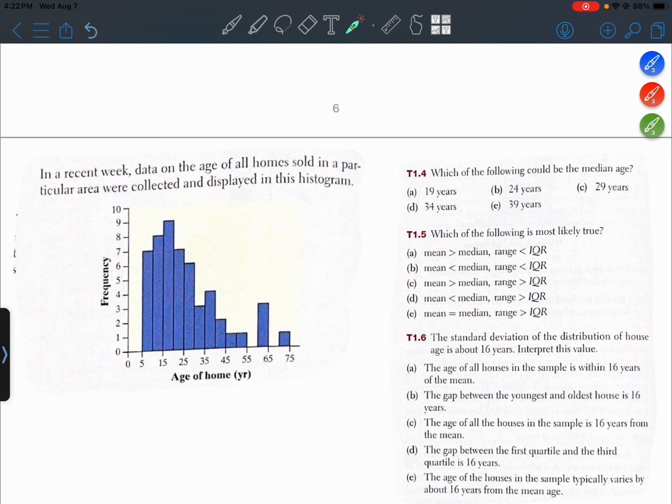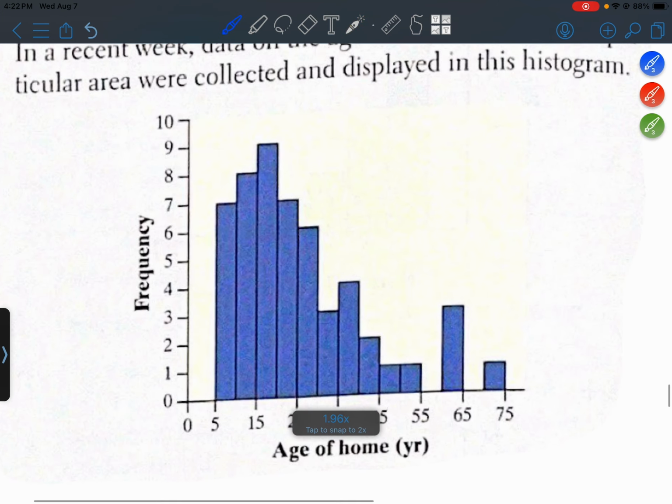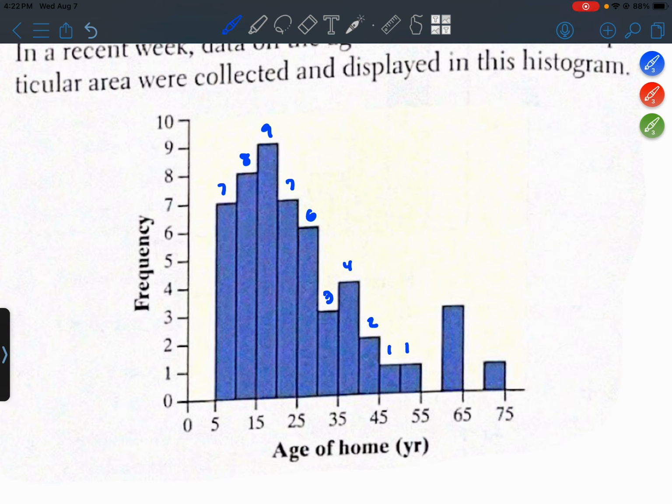The median is going to be the middle value. I wish it told us how many values there were, but it doesn't, so we're going to have to figure it out on ourselves. I know there's 7 in that stack, 8 there, 9 there, 7, 6, 3, 4, 2, 1, 1, 3, and 1.